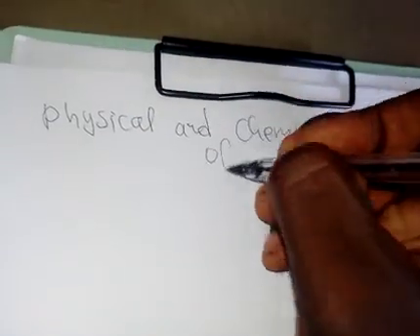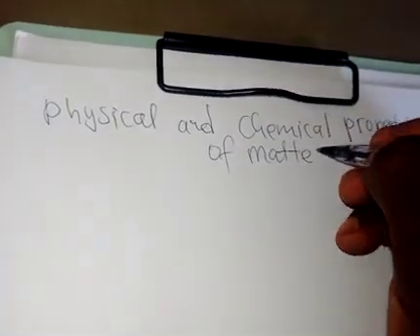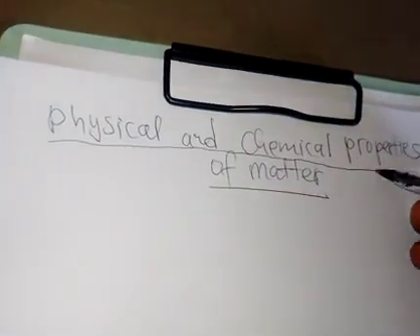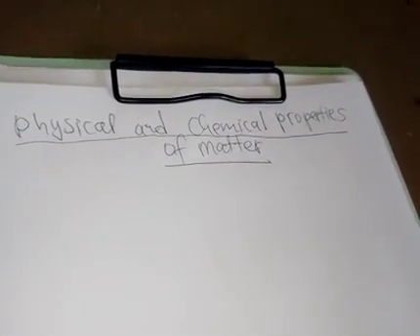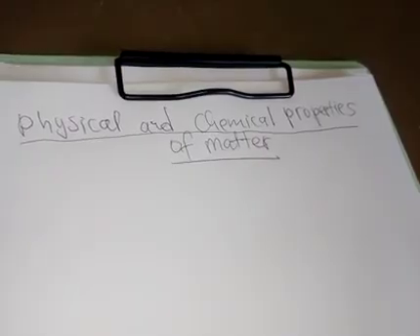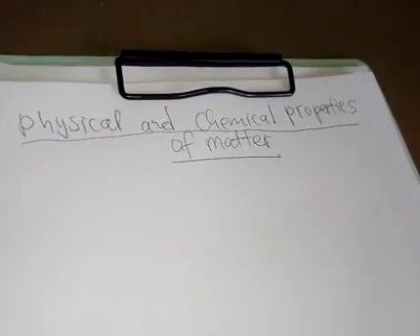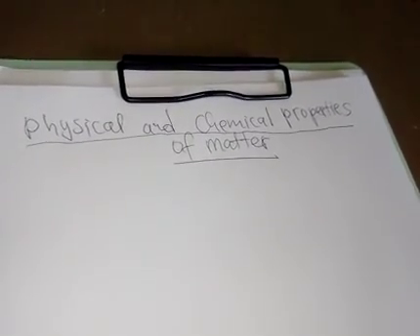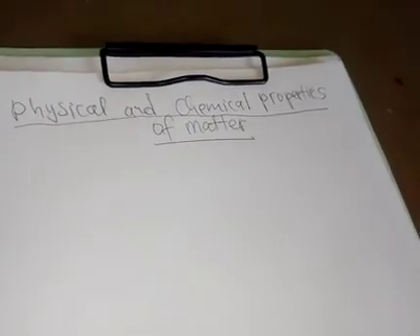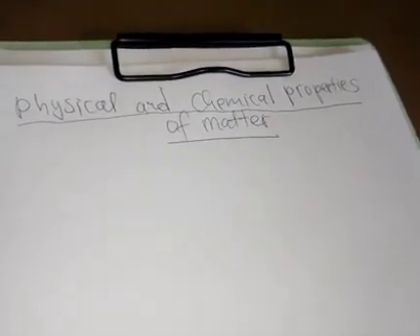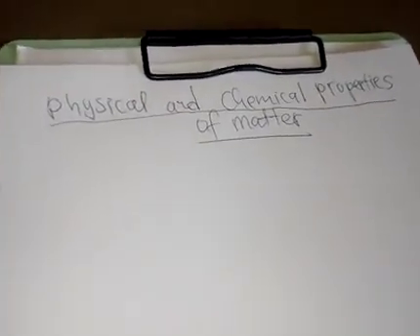Under the physical and chemical properties of matter, we should know the definition of a physical property and a chemical property.